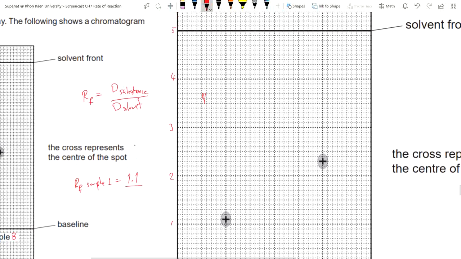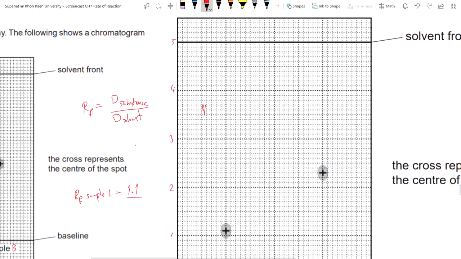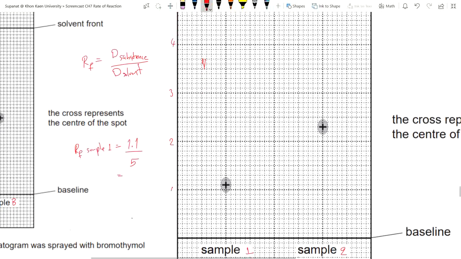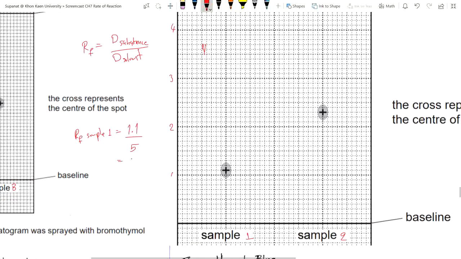So the distance traveled by the solvent front is 5. So 1.1 divided by 5 equals 0.22.